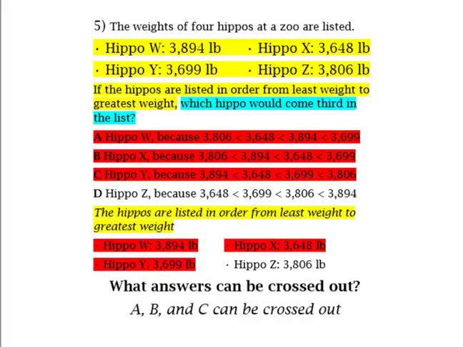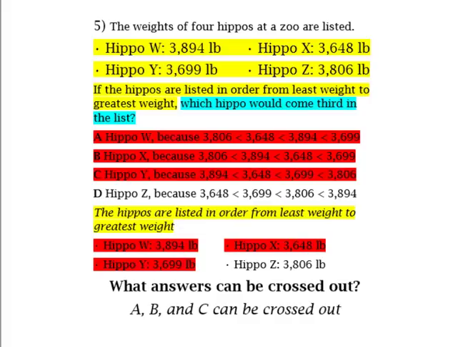Now, why did we cross out answer C or Hippo Y? Let's take a look. Just take one moment to look at how the numbers are listed to see why we crossed out Hippo Y. If you said it's because the weights begin with the greatest weight, you are correct.